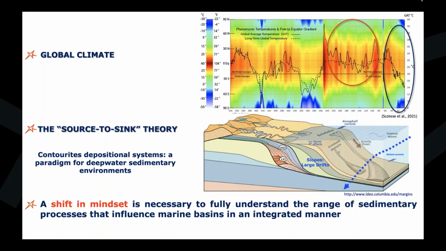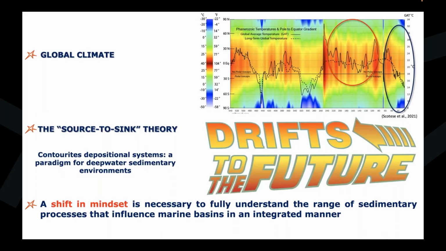And for me, the key message from this talk is that we need a shift in mindset to fully understand the influence of these water masses and oceanographic processes in the deep-water setting. And we have to include the drift in future models.